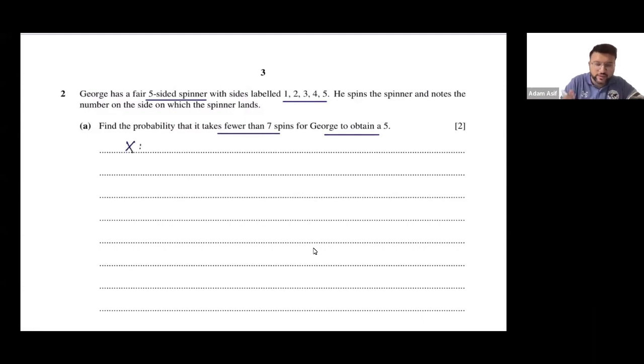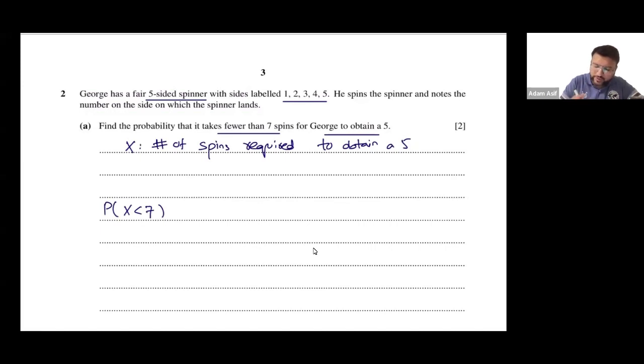So if I define my random variable x, it is the number of spins required to obtain a 5. Now he's going to spin the spinner until he gets a 5. And the question says find the probability that he takes fewer than 7 spins. So this is an indication that it's a geometric distribution.